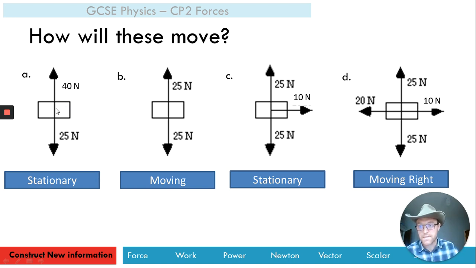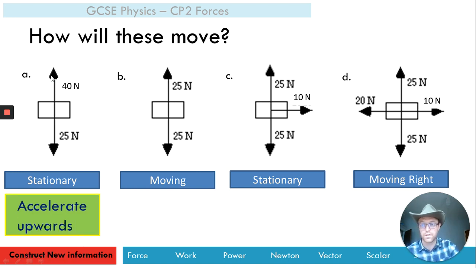If we add up the forces acting on it, it's got a greater force acting up than it does acting down, so it will have a resultant force acting up. The resultant force will be 15 newtons, but all we have to know is that there is a resultant force acting up. It's stationary at the moment. What will happen? It will accelerate upwards because there is a resultant force acting upwards.